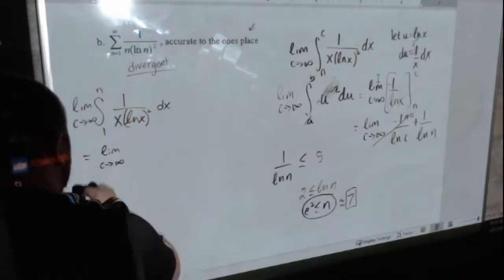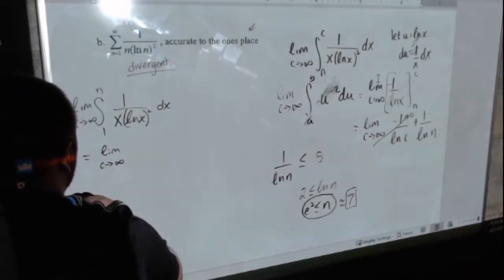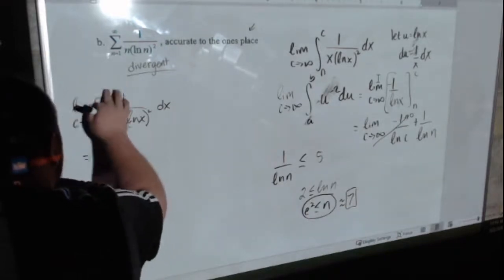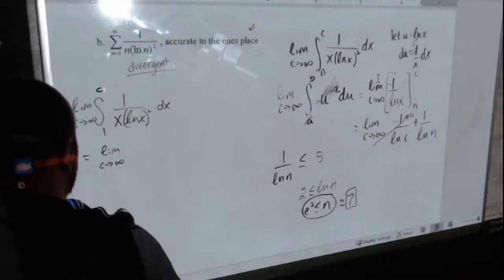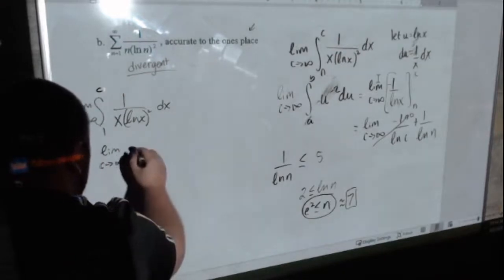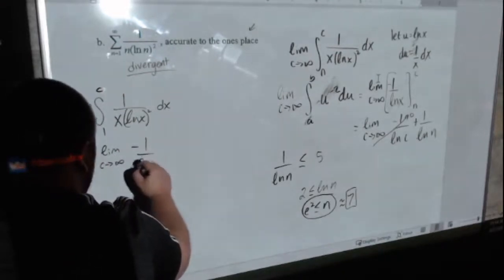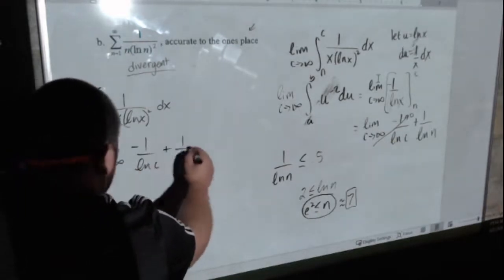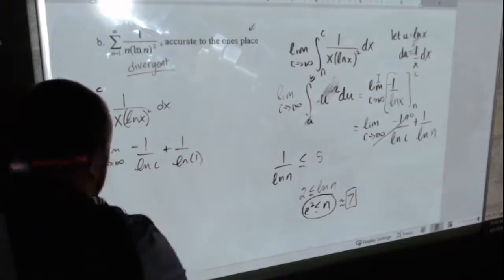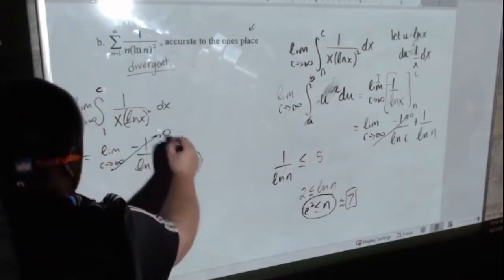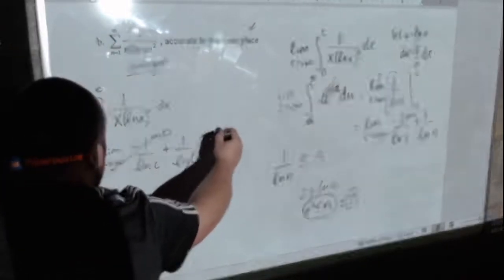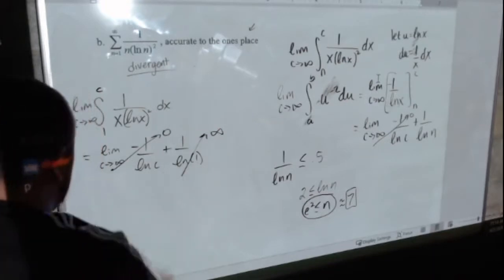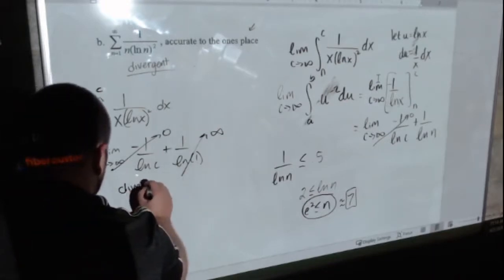Sorry, no, 1 to infinity here. Ooh, losing it. All right, limit as c approaches infinity, I'd have minus 1 over log c plus 1 over log 1. This would still go to 0, but this would go to infinity. So that also tells me it diverges.